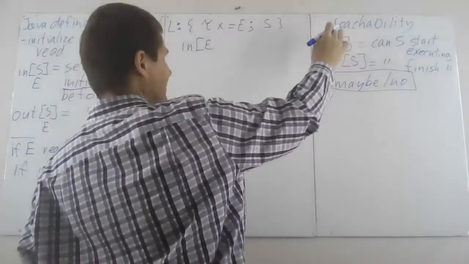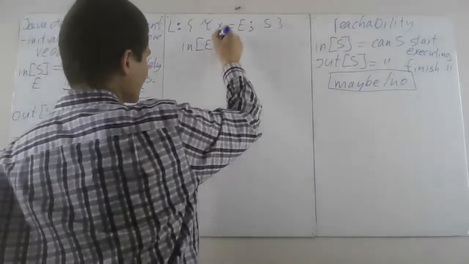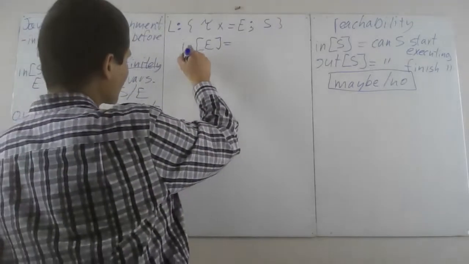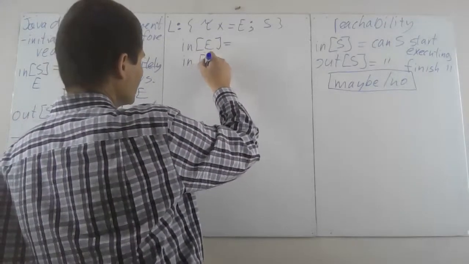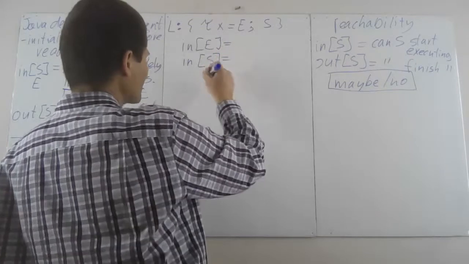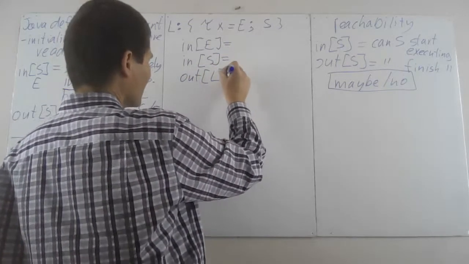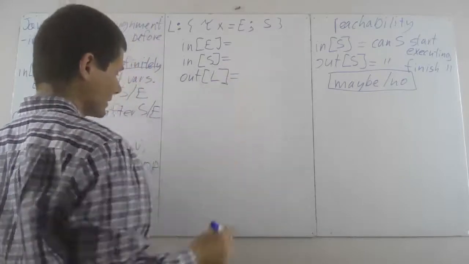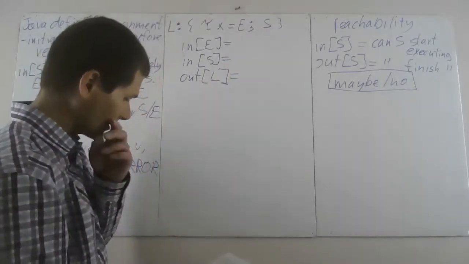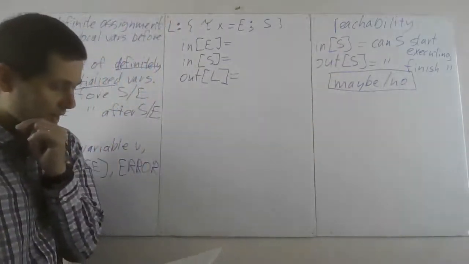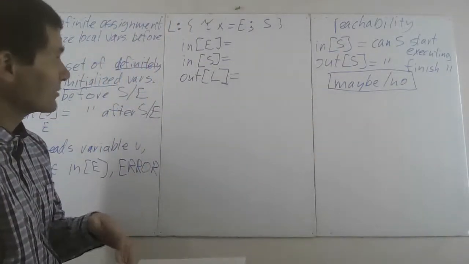For reachability, they only involve statements, but I need a value for the in value of E, the in value of S, and then the out value of the overall AST node as a whole, right? So this is sort of like the kinds of equations we had for the reachability analysis.